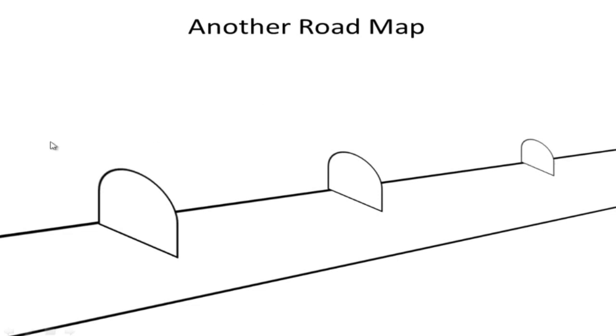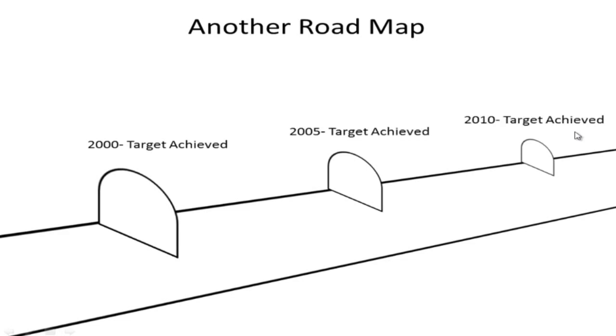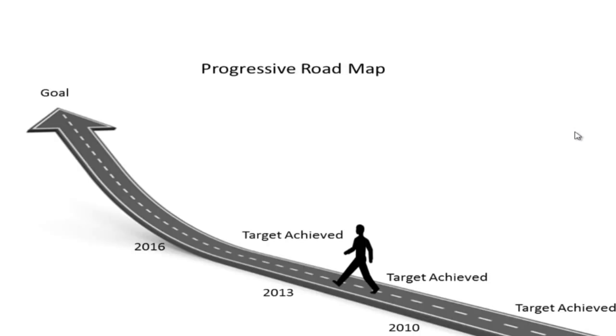Here also you can write the description at the top, write the timing here, and then write the descriptions here also. So these are a few ways by which you can represent the data.